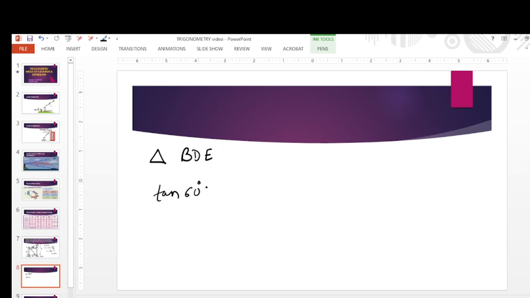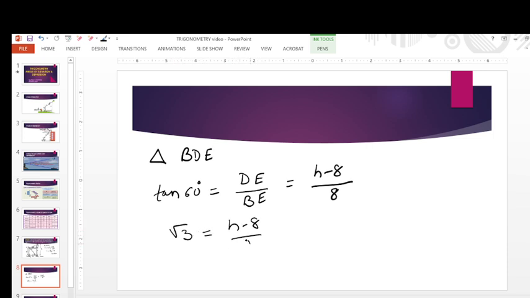I've already shown you, tan 60 is again opposite upon adjacent. Opposite is DE, upon adjacent, the base is BE. Now what is DE? DE is h minus 8 and the base was x, but x is 8, right? So what is tan 60 now? Tan 60 is root 3. Root 3 is equal to h minus 8 upon 8.